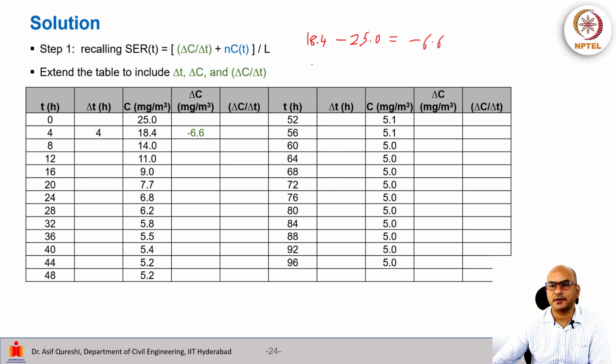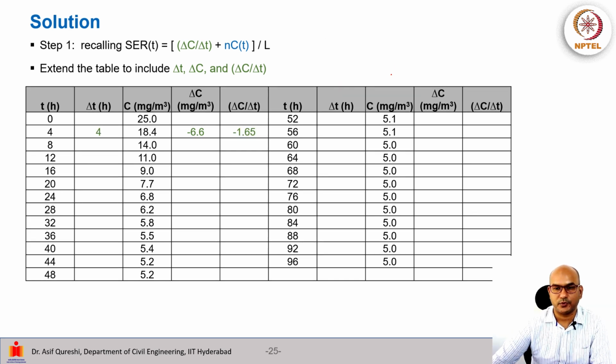Now delta C by delta T would be minus 6.6 divided by 4. So that will become minus 1.65. So we will put that value: 4, minus 6.6, minus 1.65.